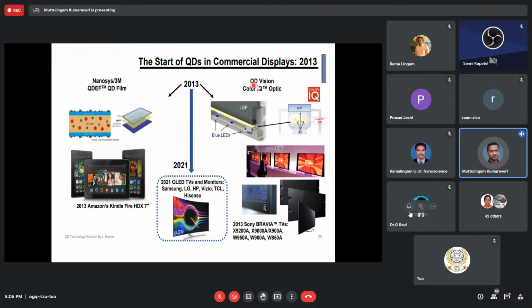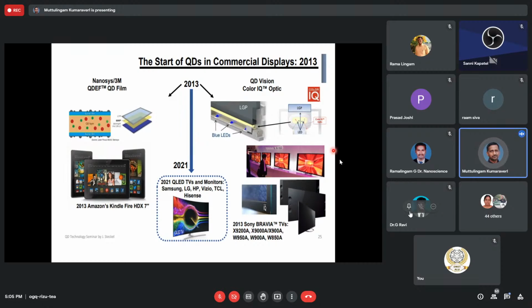In the same year, QD Vision with Sony used the Color IQ optic with the glass.